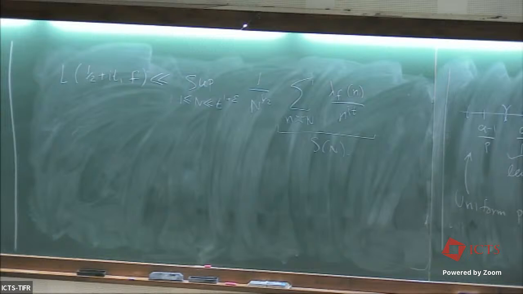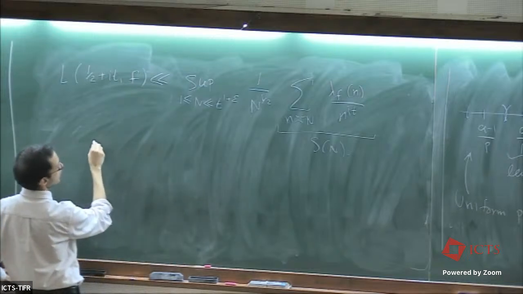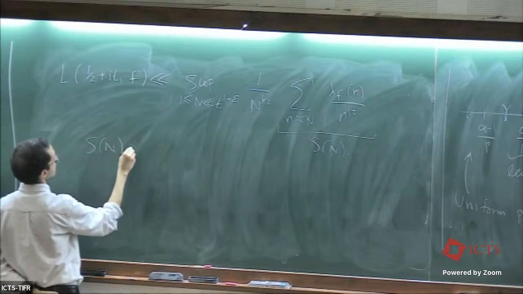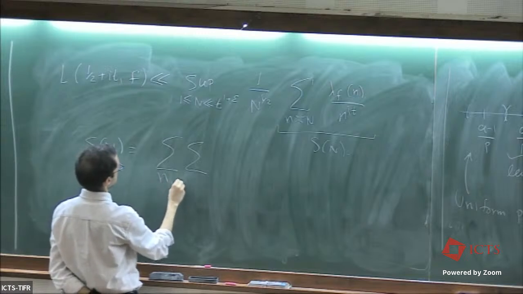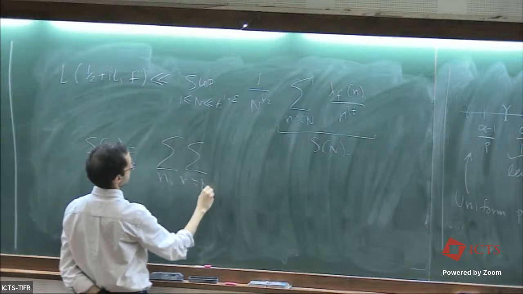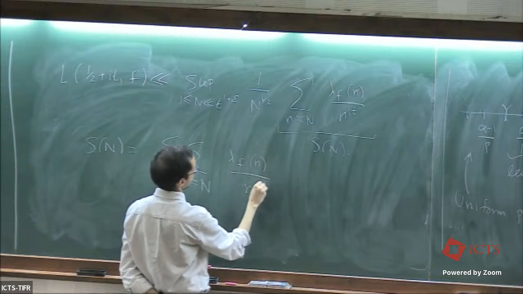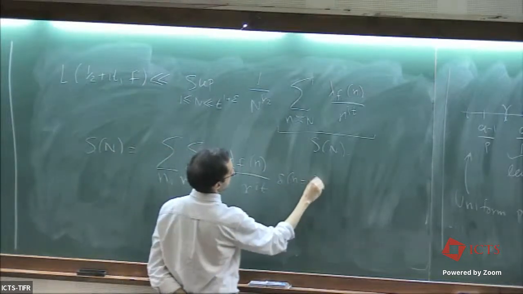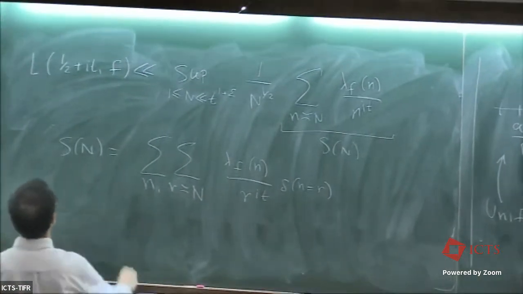Okay. And what we are going to then do is essentially look at this S_n and write this as a double sum. Over here, I'm not looking at the characters.